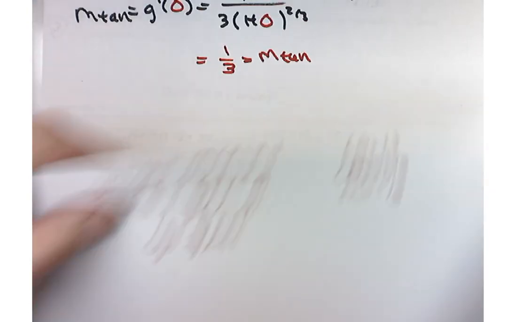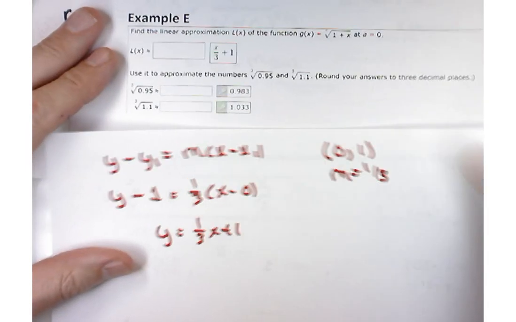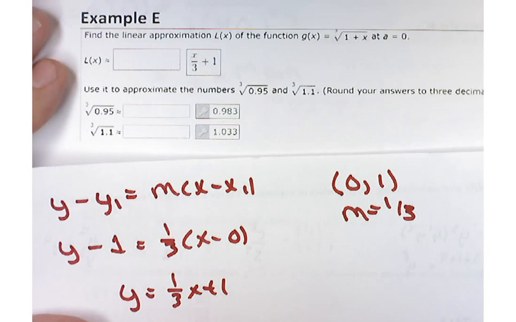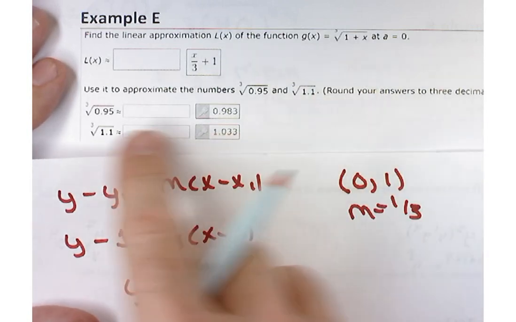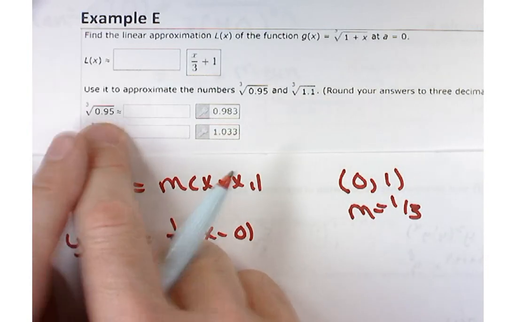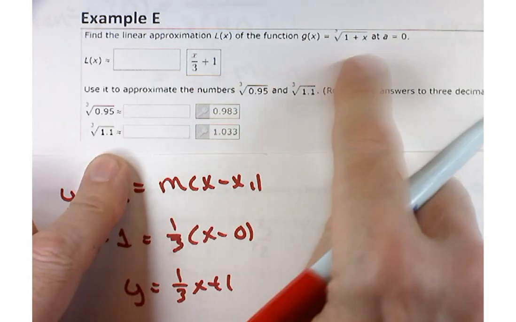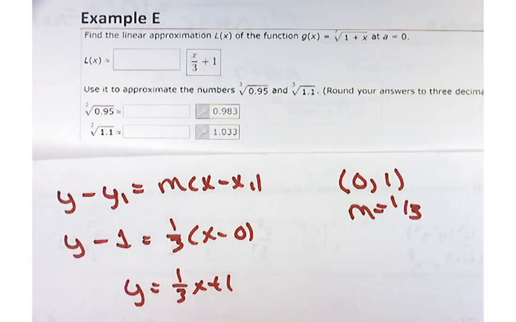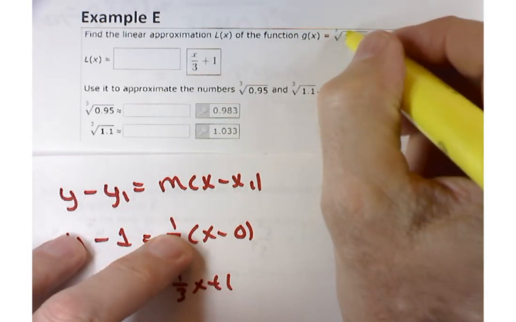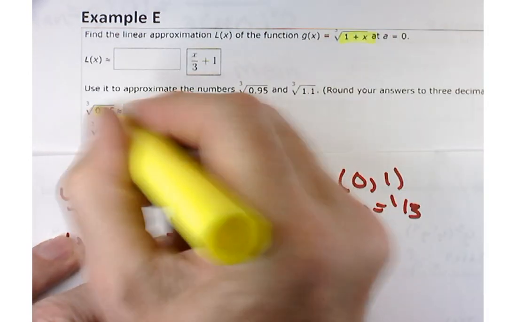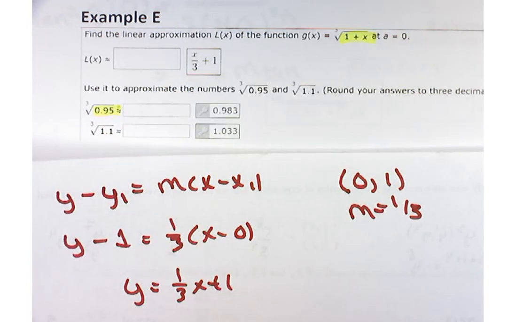Now, we're going to have to do a little bit of thinking here. If I'm going to approximate 0.95, what does that mean x was? If you compare this to this, negative 0.05.